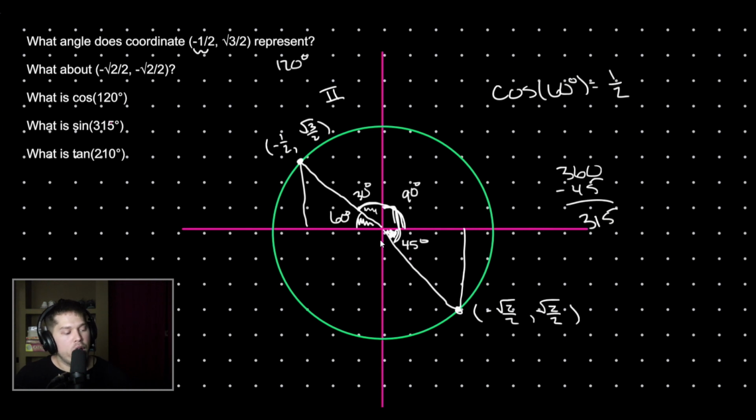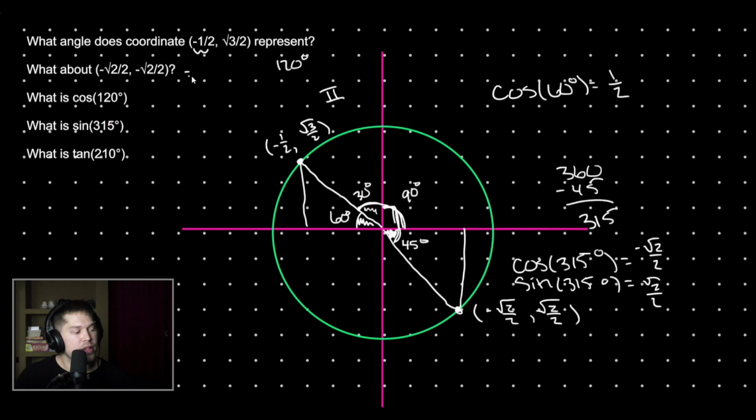So therefore, cosine of 315 degrees is negative root 2 over 2, and sine of 315 degrees is also negative root 2 over 2. So this is 315 degrees.